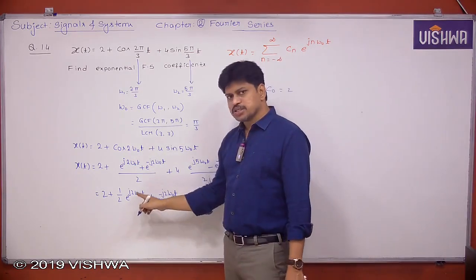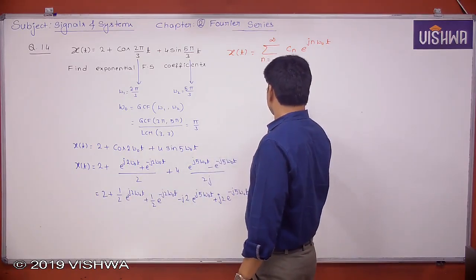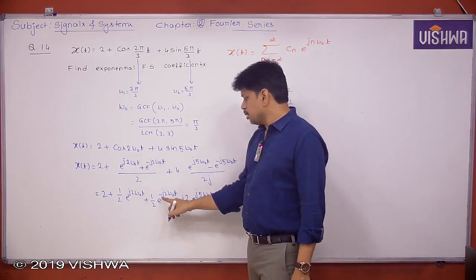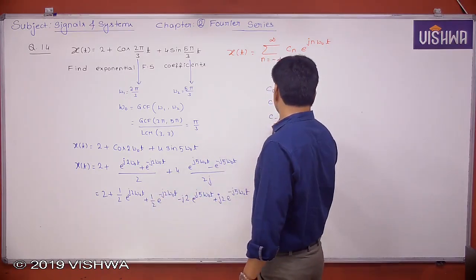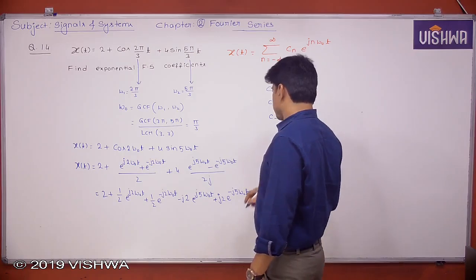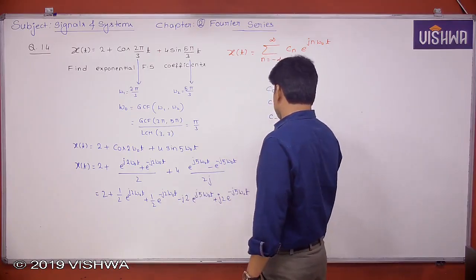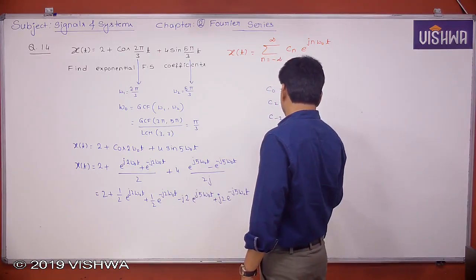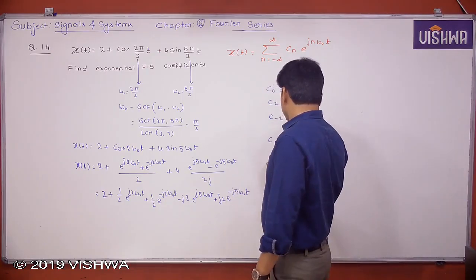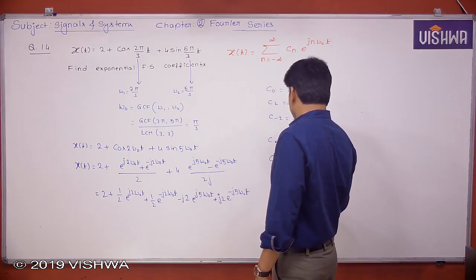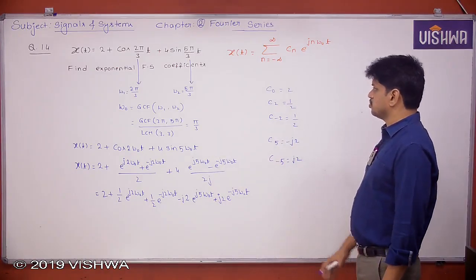So for e^(j2ω0t), the coefficient is C2, which is 1/2. For e^(-j2ω0t), the coefficient is C minus 2, which is 1/2. For e^(j5ω0t), the coefficient is minus j2, so C5 is equal to minus j2. For e^(-j5ω0t), that means C minus 5, which is equal to j2. So these are the Fourier series coefficients we have. Clear? Take it.